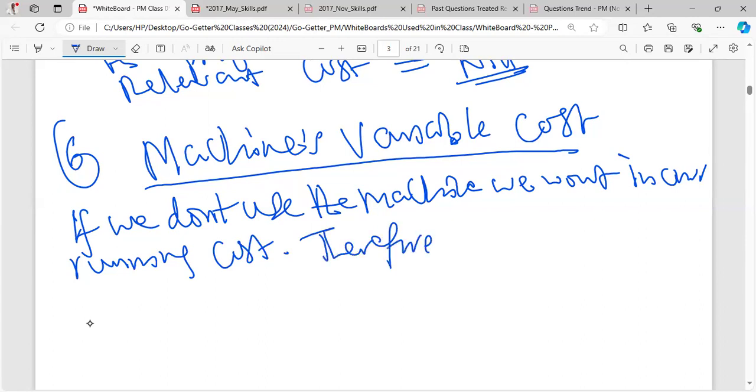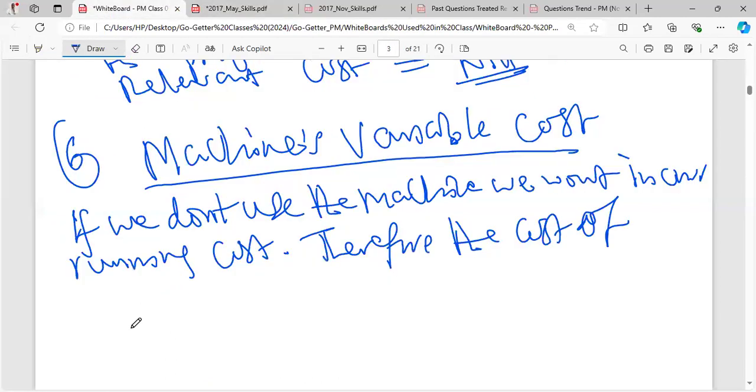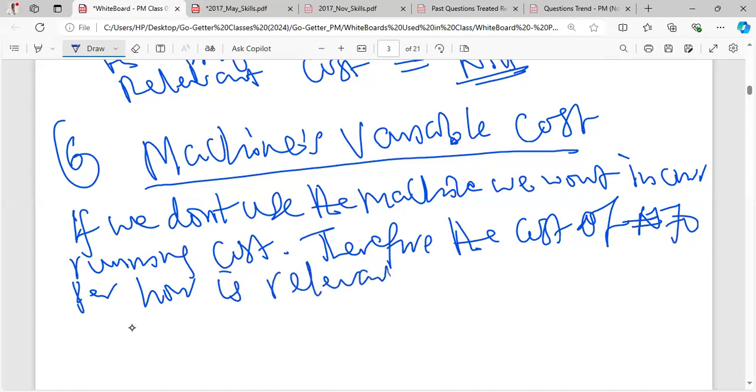Therefore, how much is the running cost? 70 naira per hour is relevant.